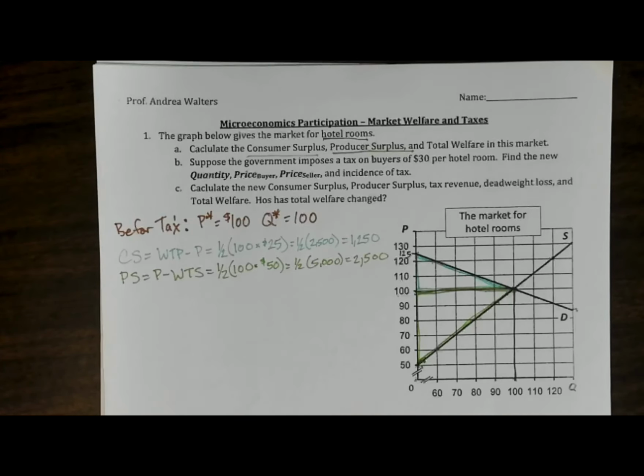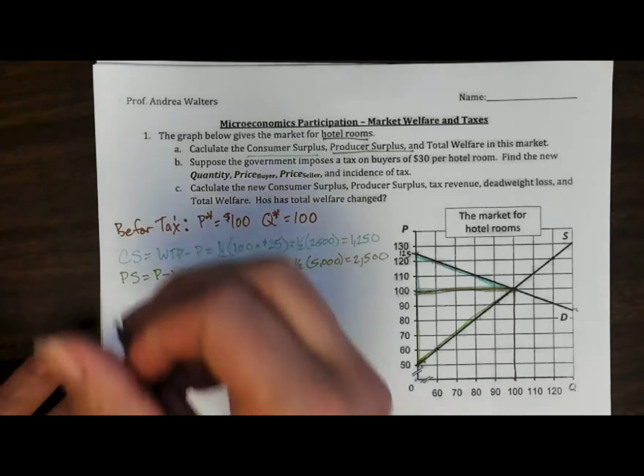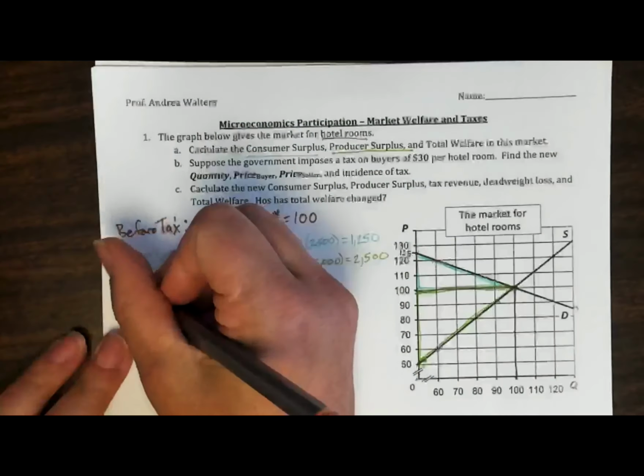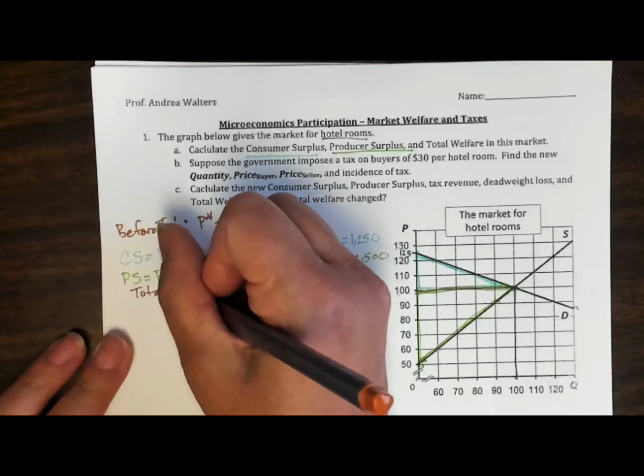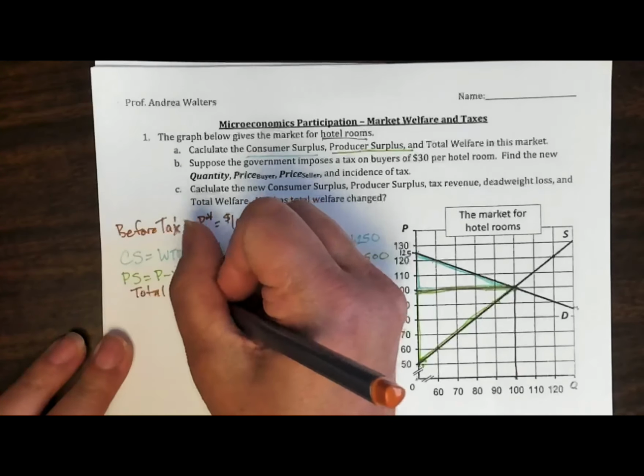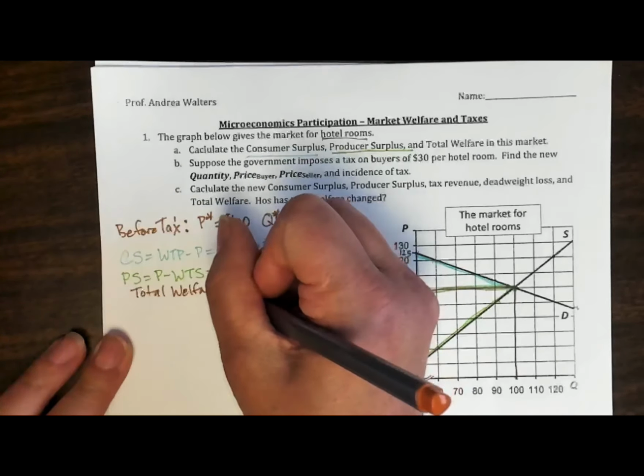When we put these together, we get a total surplus, or our total market welfare. You can use either term, it's totally fine with me. We can call it total welfare or total surplus.